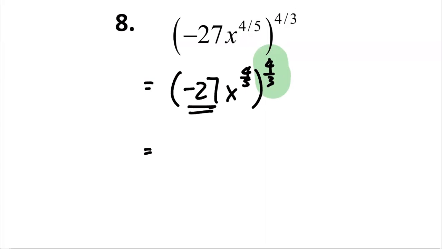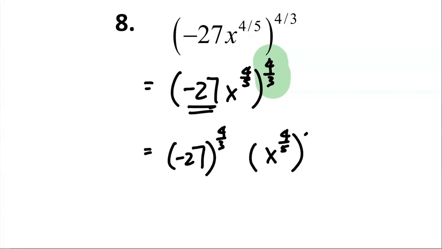You can look at negative 27 as a number, or you can look at this as 2 numbers, negative 1 times 27. But I'm going to just go ahead and put it this way. And now you've got to interpret numbers properly.